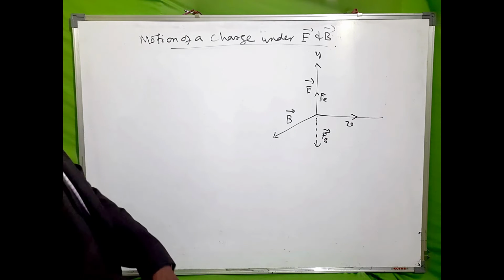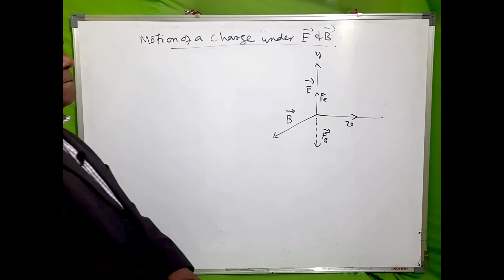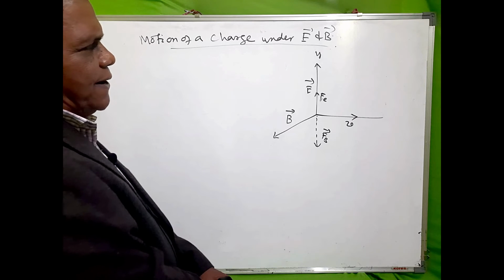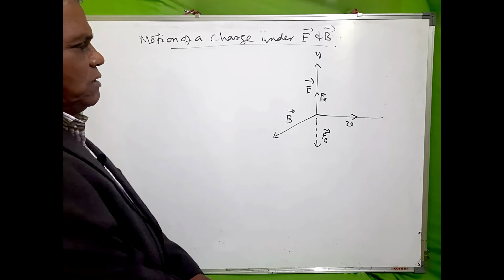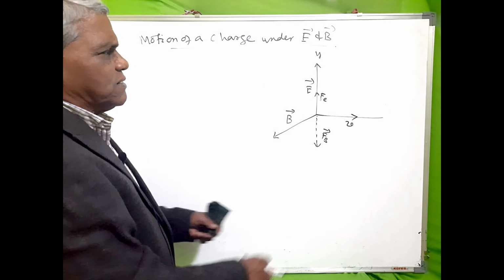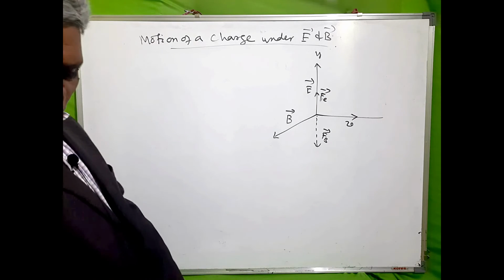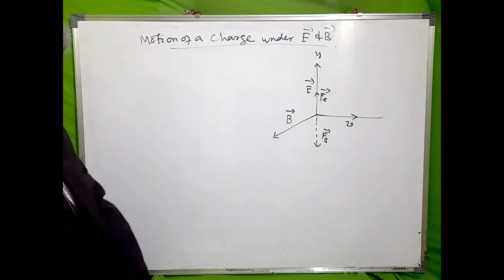So if the two forces are in opposite direction, then the particle will move along the net force. But if the two forces are same in magnitude, then the particle will move undeviated.